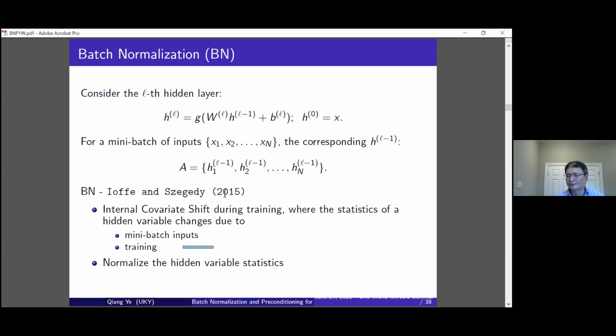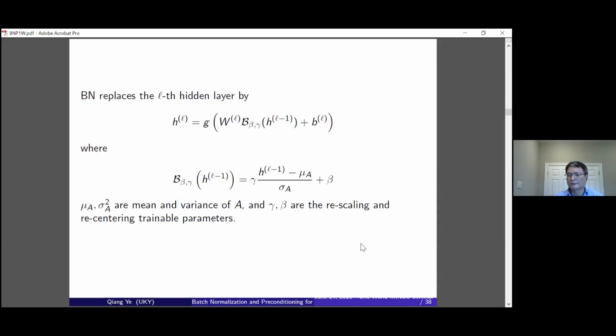So over one training step you also have covariate shift happening. A simple way to address this, in so-called batch normalization, is to normalize the hidden variables H_{l-1} to have standard mean and variance. Here's what BN does. It replaces H_{l-1} by a BN operator, which I call B of H_{l-1}. This operator takes H_{l-1}, subtracts its mean, and divides by its standard deviation over the mini batch. That normalizes H_{l-1} to have zero mean and unit variance.